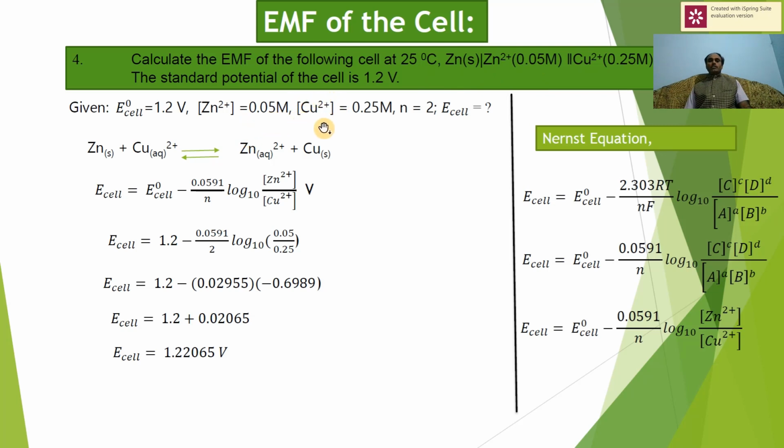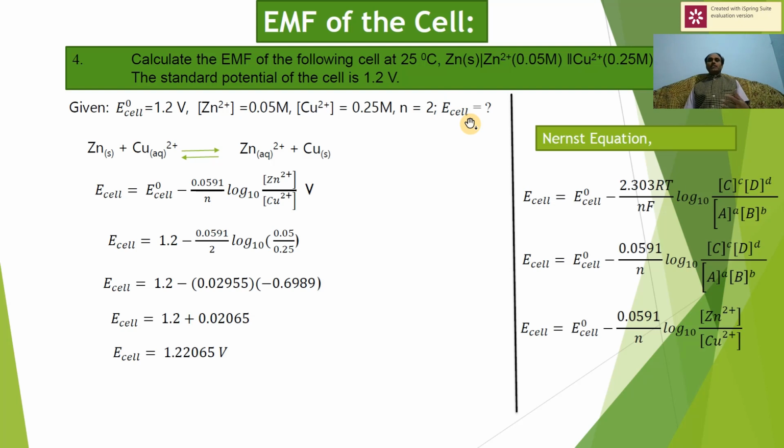Copper 2+ concentration is given in the right hand side electrode, that is 0.25 molar. Then what is the number of electrons involved in this redox reaction? That is n equal to 2, because zinc has to lose 2 electrons and Cu2+ has to gain 2 electrons, therefore the n value is 2. And what is the EMF of the cell?